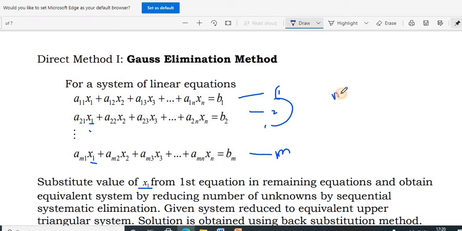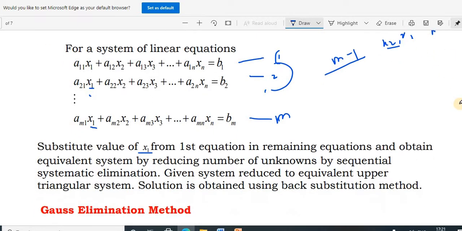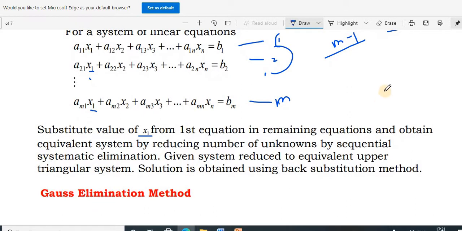We get a new system of m minus 1 equations in terms of x2, x3 up to xm. Similarly, I eliminate the x2 variable from the next system. In this way, at the last you get the value of xn, say xn is equal to k, and then by using back substitution we find the values of the remaining solutions.